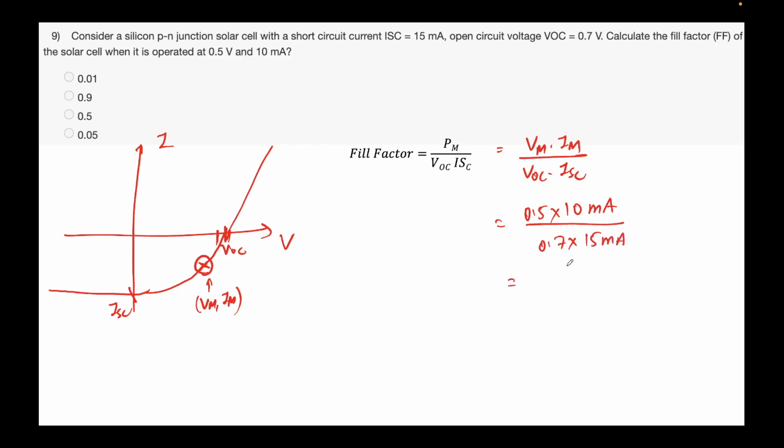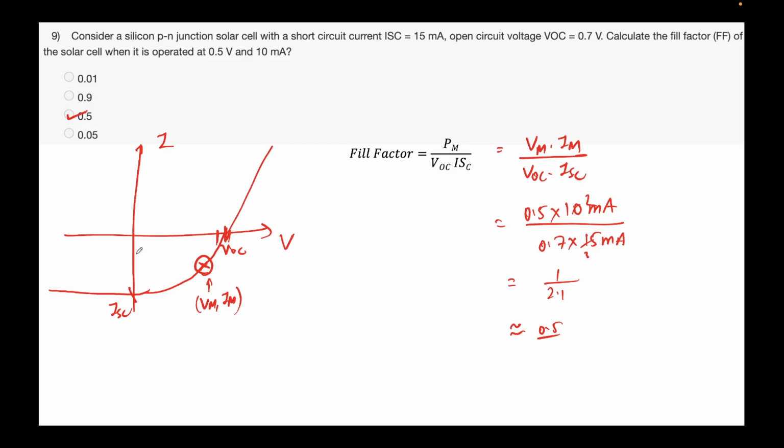So that would be 2 and 3. Yes, so it should be around 0.5. 1 over 2 is 0.5, so this will be approximately 0.5, 50%. So this is only a 50% fill factor with which you are operating.